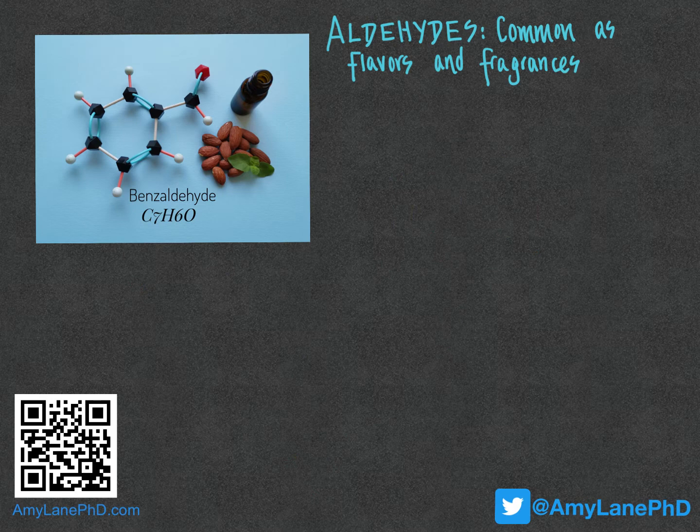As one example of applications related to aldehydes and ketones, this molecule shown here is known as benzaldehyde; the aldehyde name gives it away. Benz refers to the benzene ring here, where we have the black atoms representing carbons with the double bond, single bond, double bond pattern, telling us this is an aromatic ring, and these white atoms here are hydrogens.